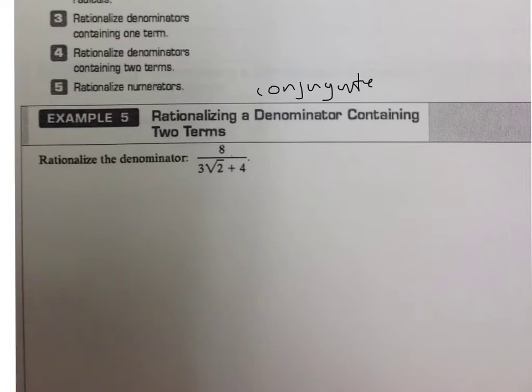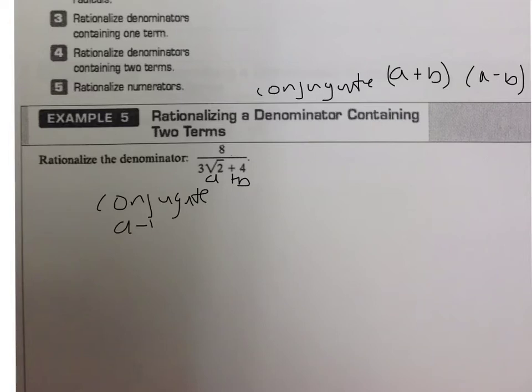So, for instance, if I have a plus b, the conjugate to a plus b is a minus b. Vice versa, if I have a minus b, the conjugate would be a plus b. So in this case, I have a plus b, so my conjugate will be a minus b, which is 3 times the square root of 2 minus 4.